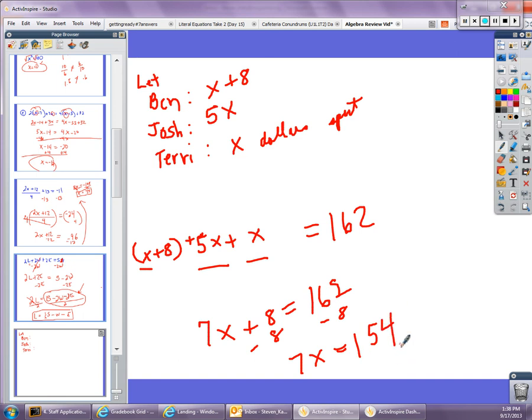And then 154 divided by 7 is 22. So if x equals 22, that means that Terry spent $22. It means that Ben spent $30. And 5 times 22 is $110 for Josh.